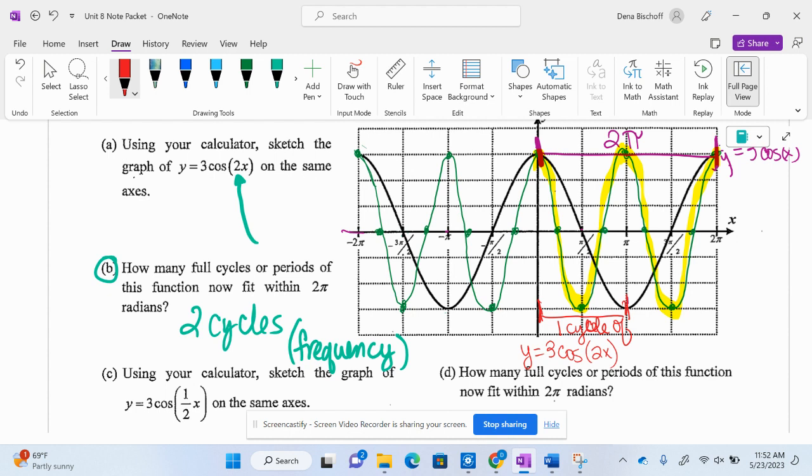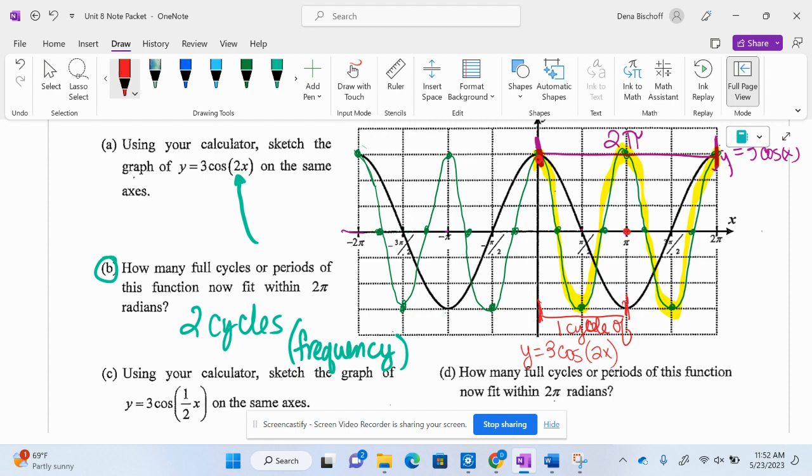Yeah, so let's think about what that looks like. So we're going to start at the same point, but instead of doing everything at 1/2 of a pi, I'm going to make that move. So if I look at the black graph, it starts up at the top at 3, and then it crosses the midline, or is at 0, at pi over 2. Well, now it's not going to cross the midline or the 0 until pi.